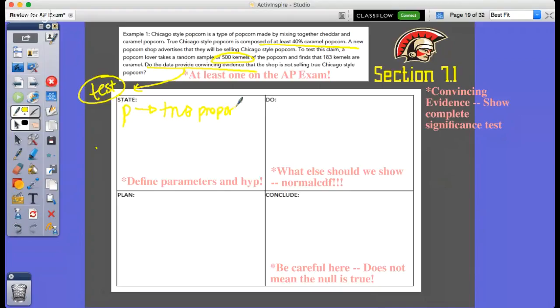The true proportion of caramel popcorn, I would say you could say caramel, that is popcorn in Chicago style, or you could just say of popcorn that is Chicago style. And really that just means that this is like the caramel thing that's there.